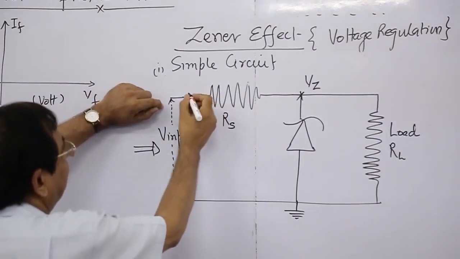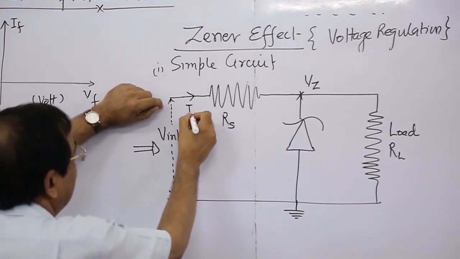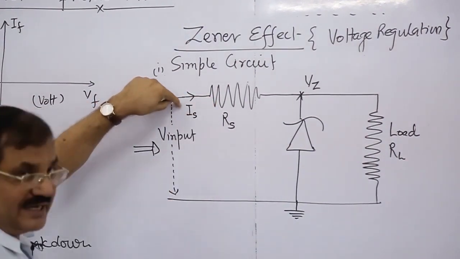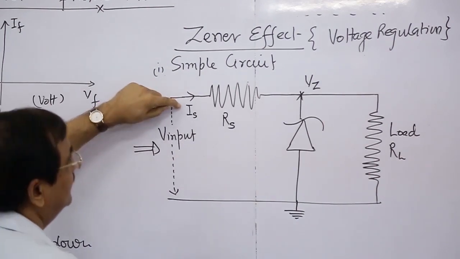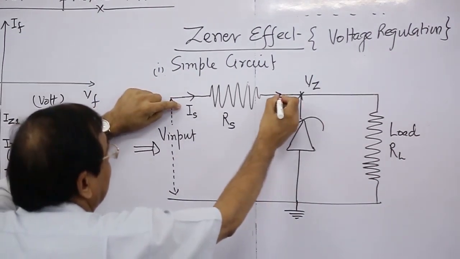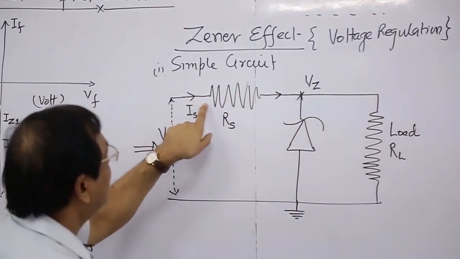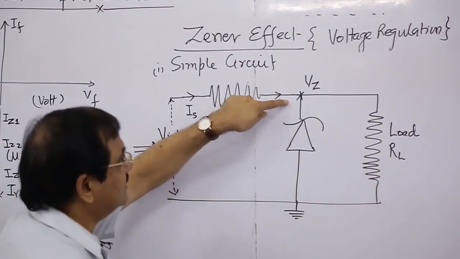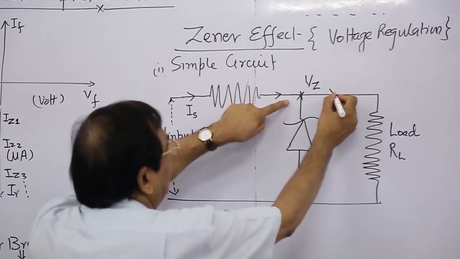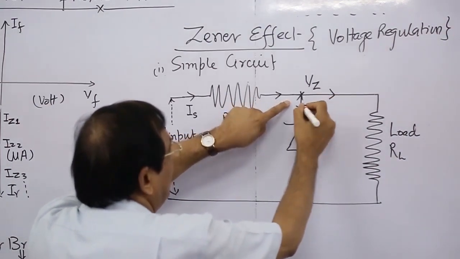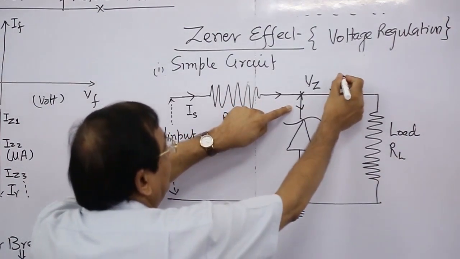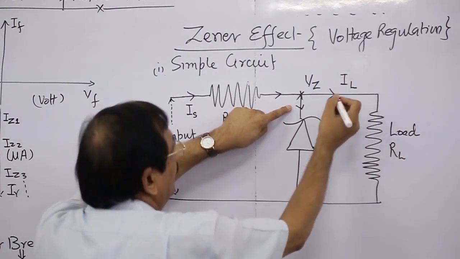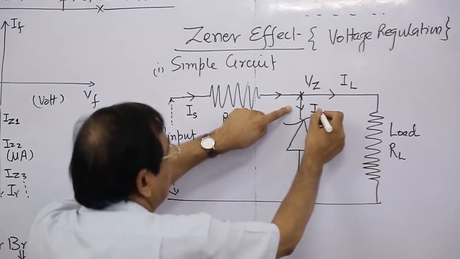If IS is the current in the resistance RS, then this current IS is distributed at this point into two parts: IL, the load current, and IZ.